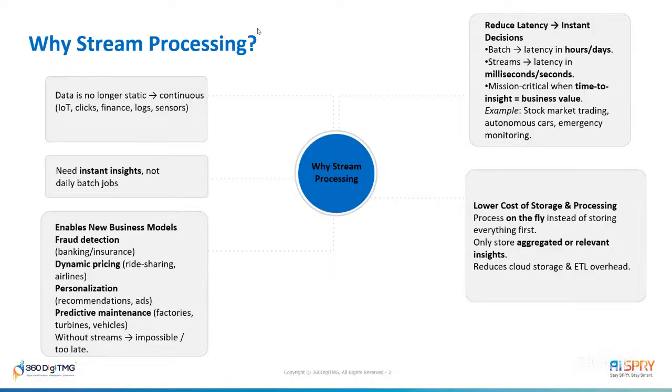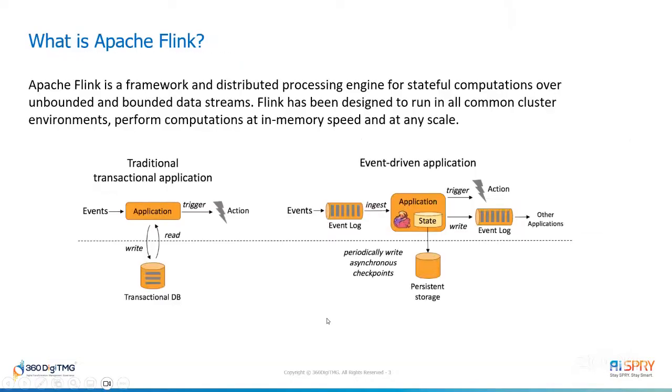Sorry for that, guys. Now let us see how Flink does stream processing. And what is this Apache Flink? It is a framework. Just like we have Python, SQL, and a SQL IDE where you run SQL code, in a Python IDE you run Python code.